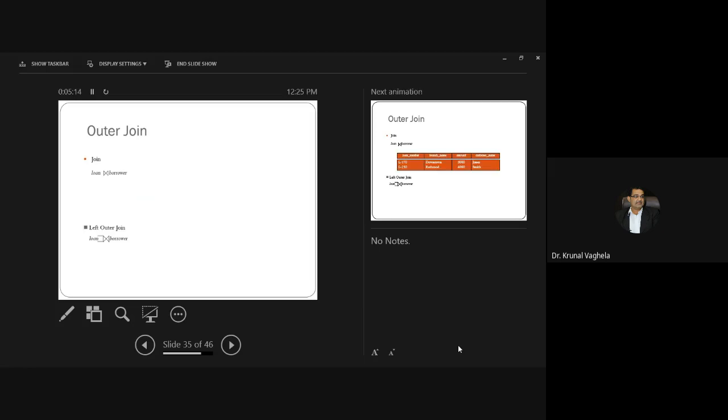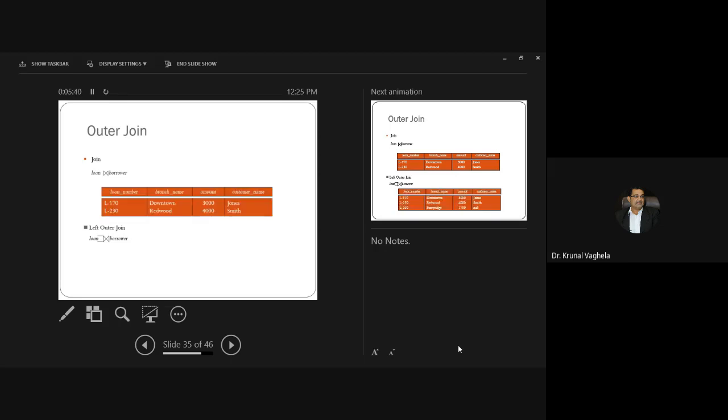Now let's see. Join of loan and borrower, and left outer join. If you see the symbol, you can see the extension on the left-hand side. This is the symbol of join and this is the symbol of left outer join. If I perform join, you all agreed that there will be only 2 rows.